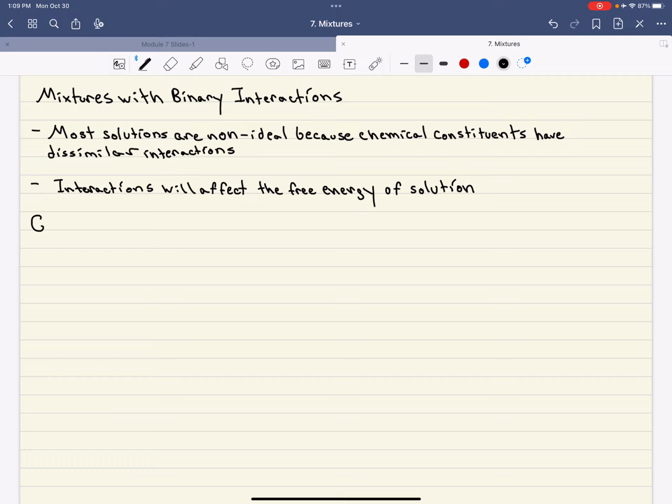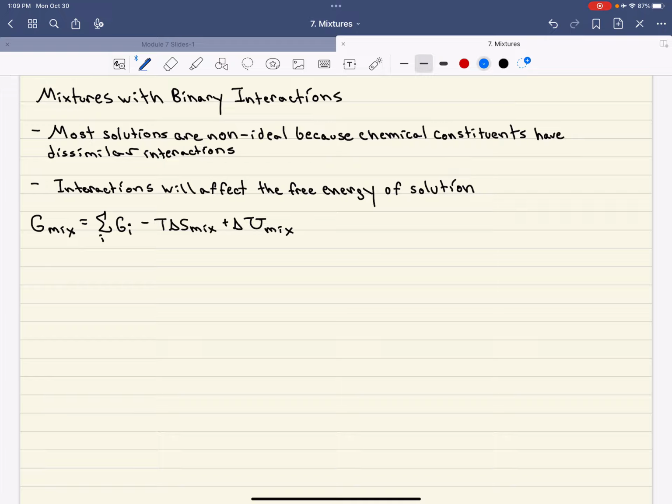And so if we think of the Gibbs energy of a particular mixture, we're going to have the summation of the ideal solution Gibbs energy. Then we have the entropy of mixing terms. And then what I'm going to write here is the internal energy of mixing.